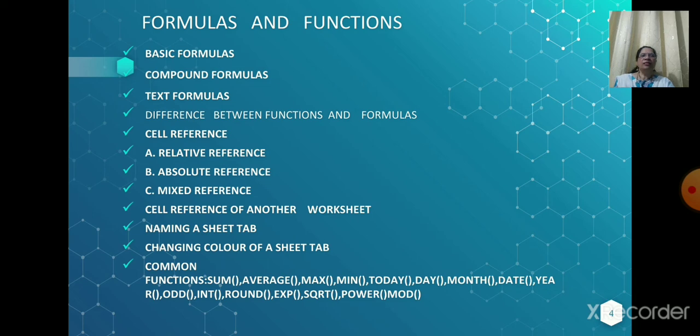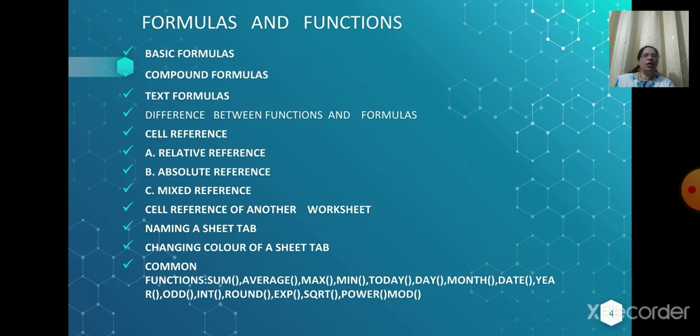Now, cell reference. What is a cell reference? The cell address in the formula is known as the cell reference. With references, you can use the data in different parts of the worksheet. You have learned different types of cell references: relative reference, absolute reference and mixed reference. Relative reference: when you create a formula, references to cells or ranges are usually based on the position relative to the cell.